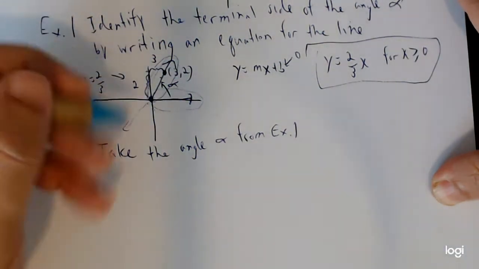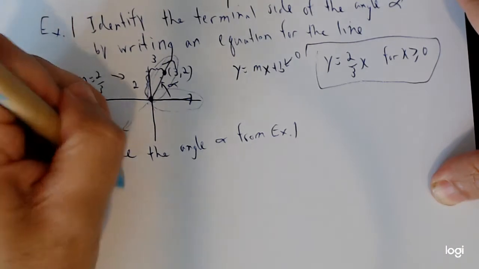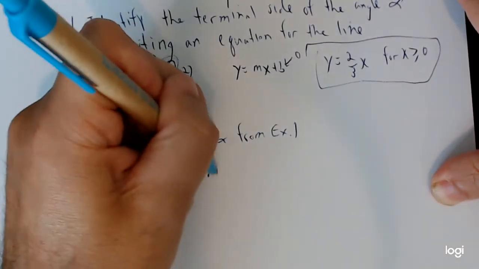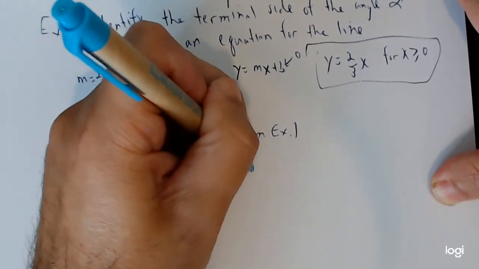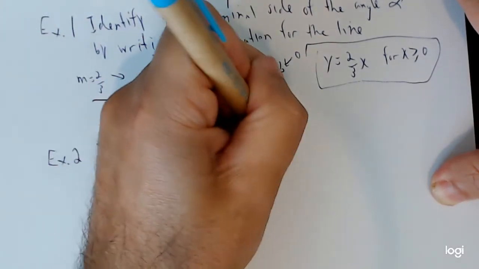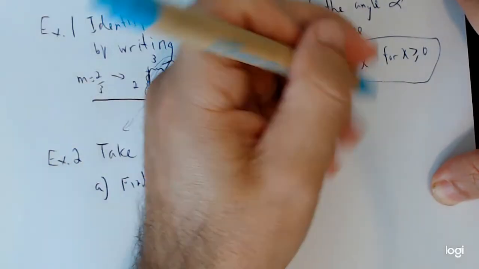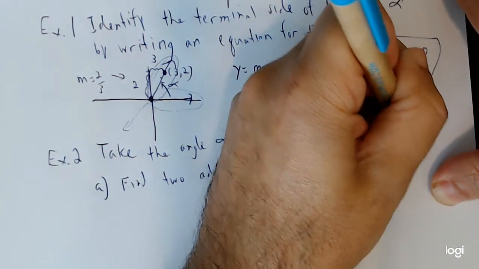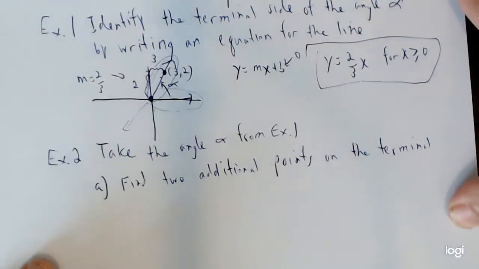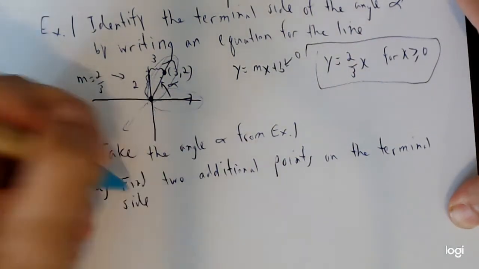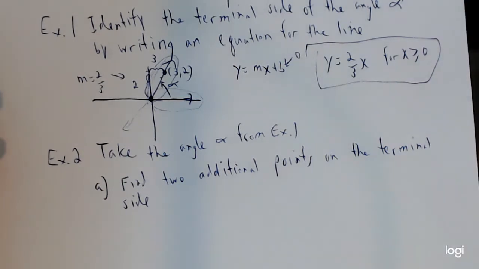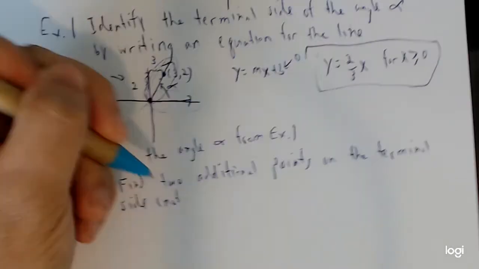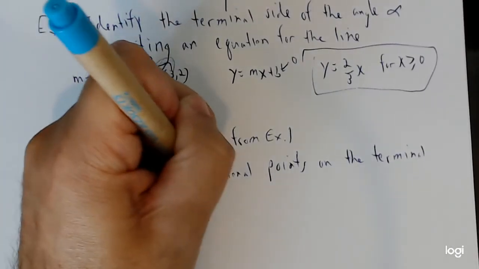For part A, we're going to say find 2 additional points on the terminal side. And obviously we want to make sure that it's not the origin, because that's not going to be of interest.